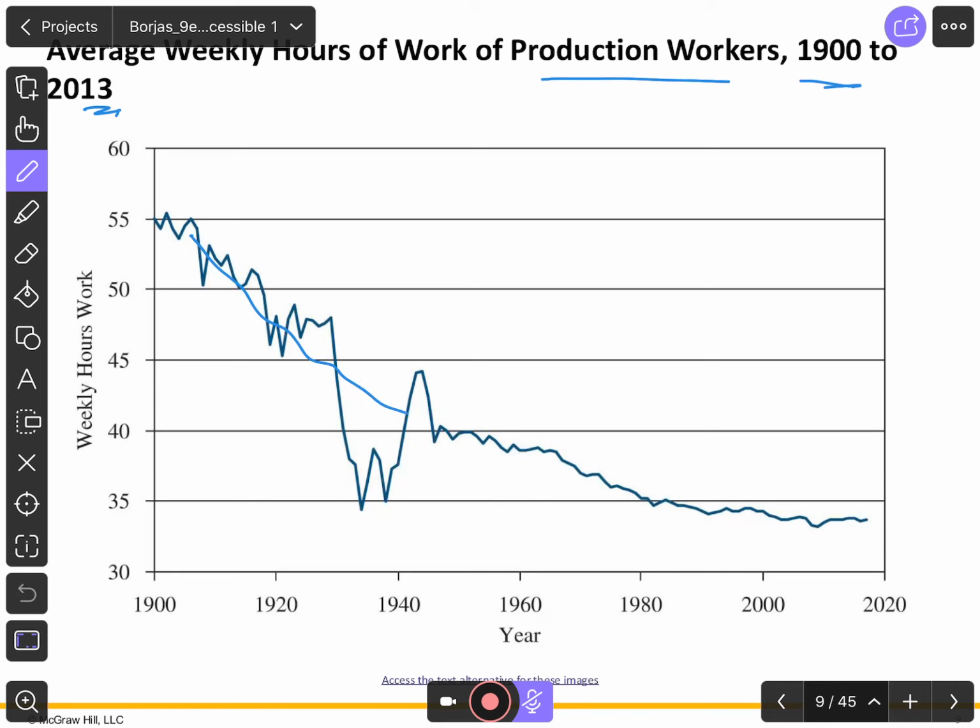As we said in one of the previous slides, people are working less and less over time. So the trend is negative over time. In 1900 they used to work 55 hours per week, but here in 2020 it's maybe around 34 hours per week.